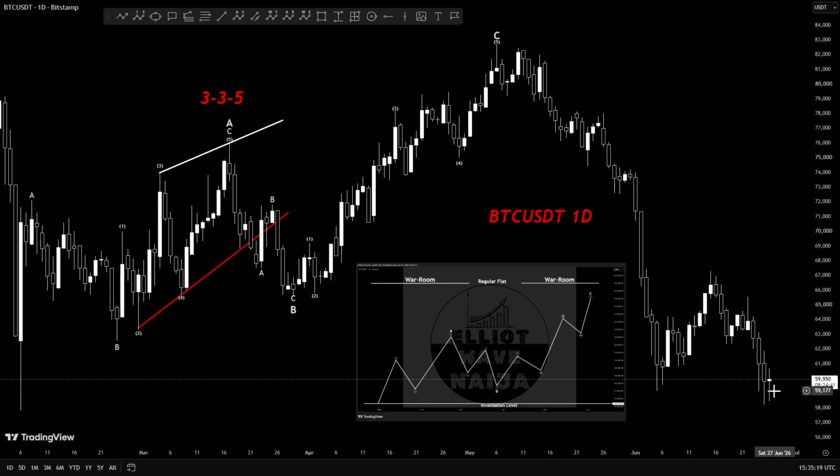I hope you are getting it. This is a clean 3, 3, and 5. Maybe we should just do it this way so you can understand it very, very well.